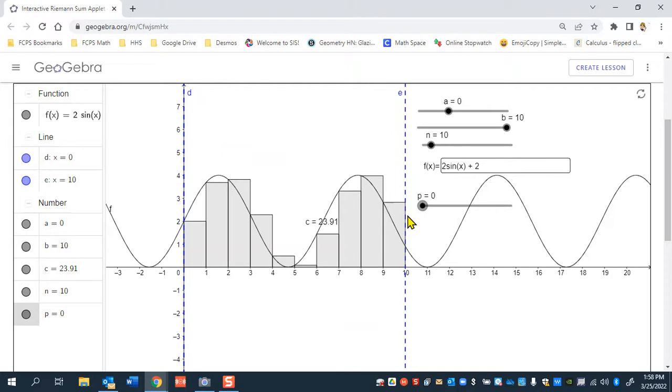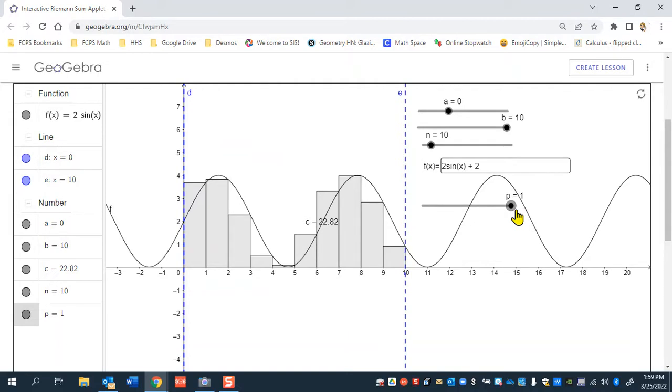Once I slide P, what happens to my area calculation? What P represents is whether we're drawing the rectangle to the left of the curve or to the right of where it hits the curve.